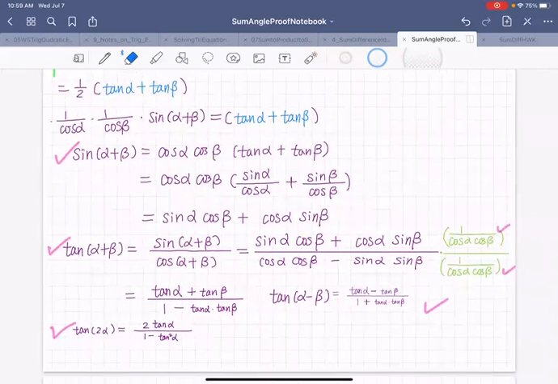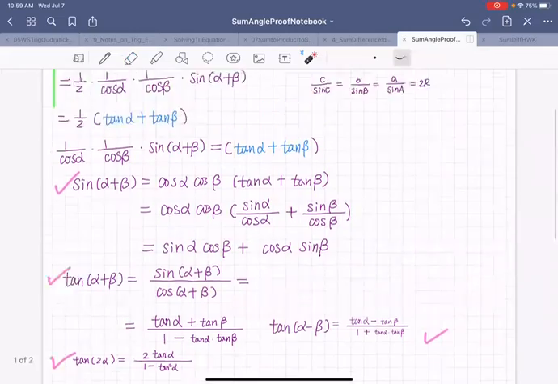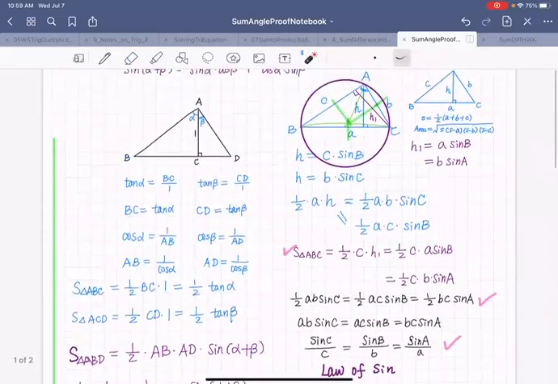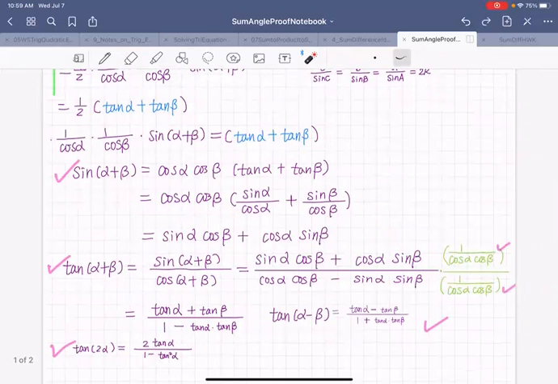Now, Cindy, let's do this together. Hold on, I'm going to get the formula for cosine alpha plus beta, okay? Before we do this, we have to get the cosine alpha plus beta. Let's go ahead. Let me squish this a little bit.